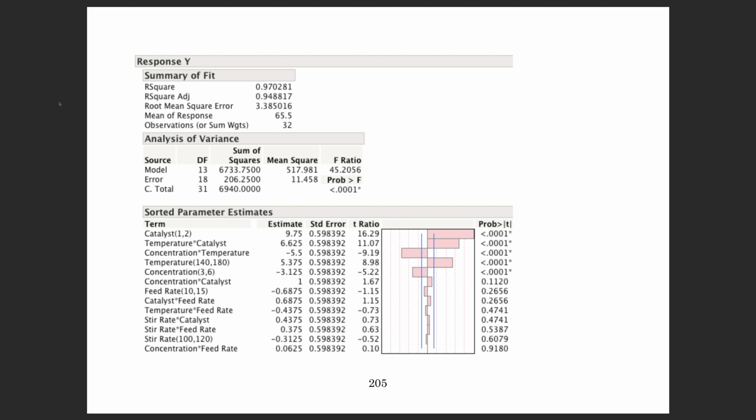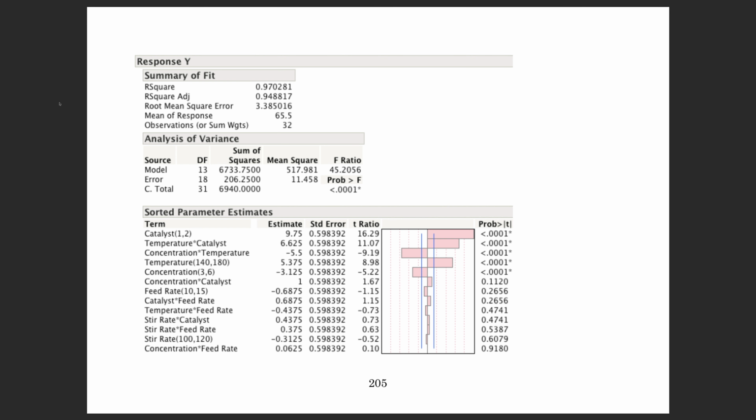Again, if we look at the sorted parameter estimates, you can see that the catalyst is very important. The combination of temperature and catalyst is important. Concentration and temperature is important. Temperature is important and concentration is important. And it looks like the rest aren't.